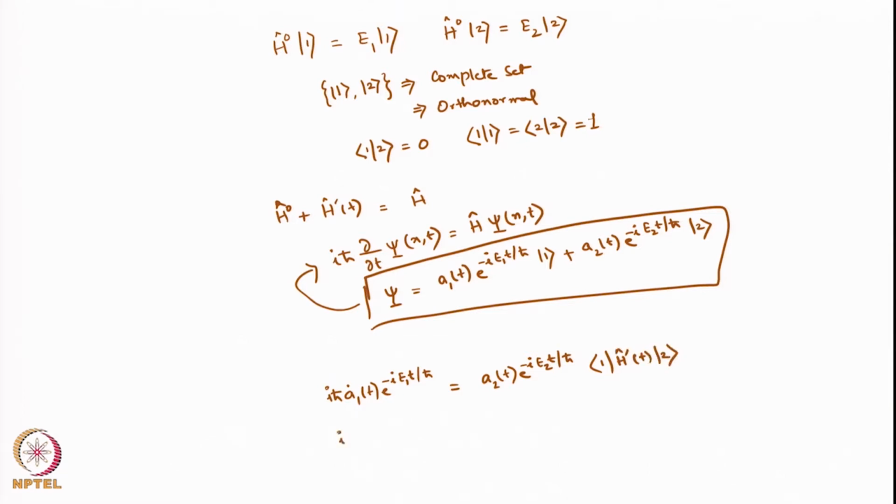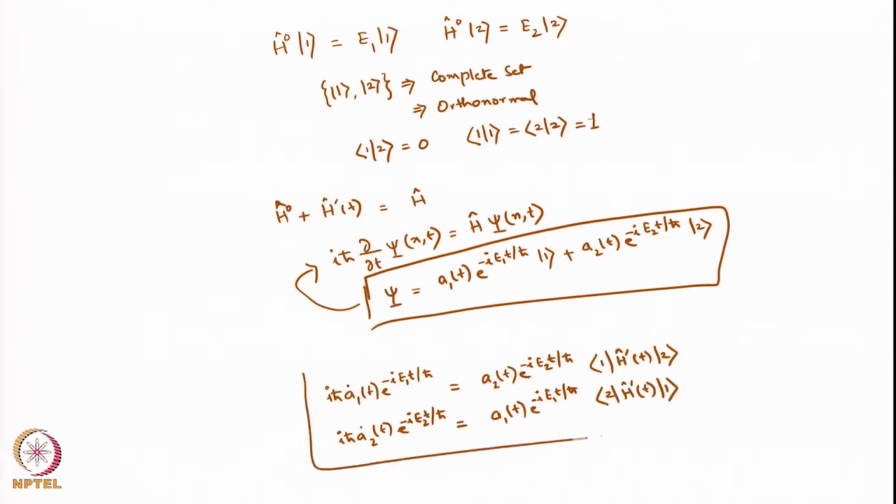Similarly, we had i h bar A2 dot of t e to the power of minus i E2 t by h bar is equal to A1 of t e to the power of minus i E1 t by h bar integral of 2 H prime of t 1. So, these are the equations that we ended up with in the last lecture.